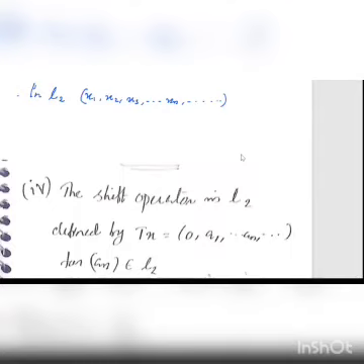Now, we are defining a bounded linear operator as a shift operator: if T is a shift operator and this is x, then T of x is defined with the first element fixed as 0, then x1, x2, etc., xn, etc. Now, this is called the shifting operation.